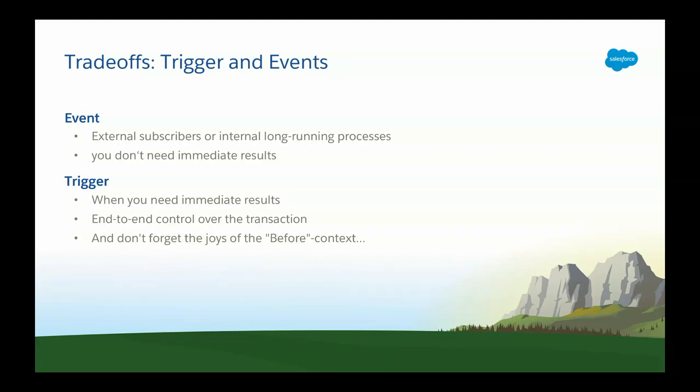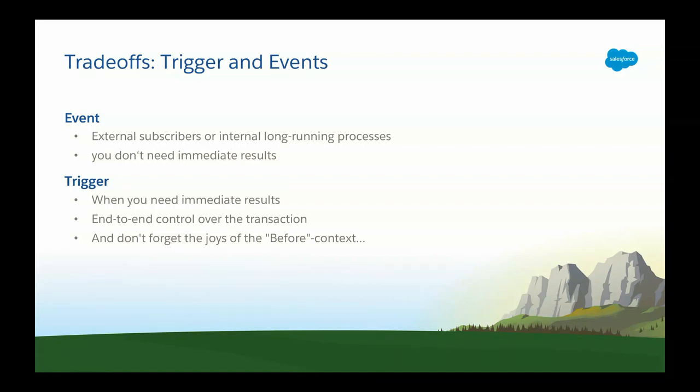And a good place where you can use events is also when you really don't care exactly about the integrity of the whole execution context. So whenever you need transaction security, make sure you're in a trigger. Whenever you don't need the immediate reaction of the platform, you're probably safe with pushing that to a platform event.